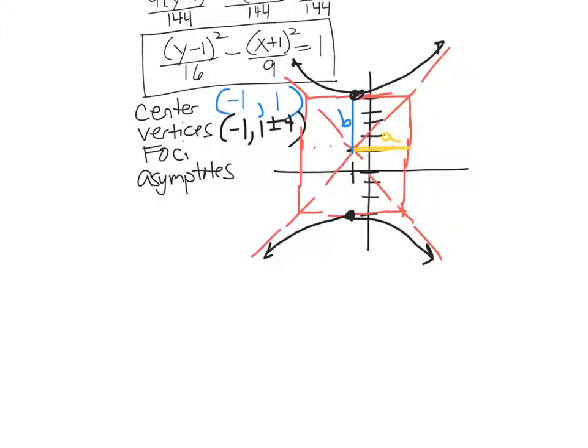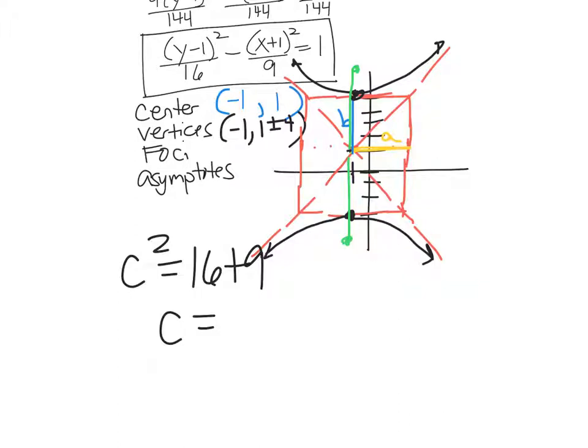Okay, the foci. The foci are located out here, a distance of c from your center out to there. And so the foci would be at c squared equals a squared plus b squared. Oh, this is a nice one, huh? It worked out way too perfect. It's gross.